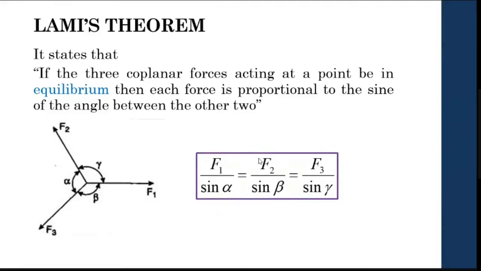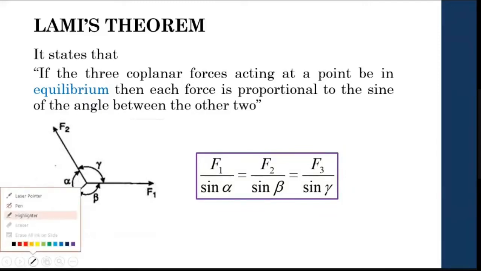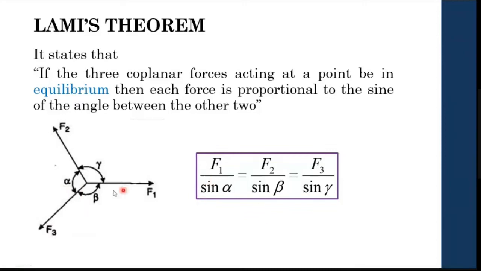your F1, so this is my F1, opposite to this is alpha, right? You can see here, this is my F1, opposite to this is alpha. So F1 by sine alpha is equal to F2 by sine beta, where the opposite angle of F2 is beta, which is equal to F3 by sine gamma, where the opposite angle is gamma.